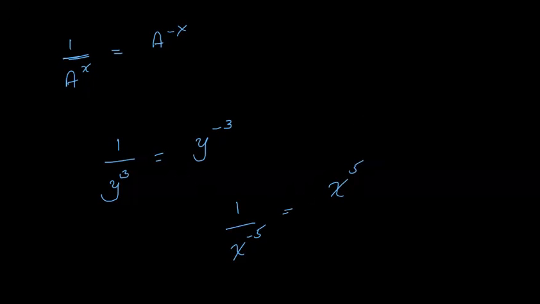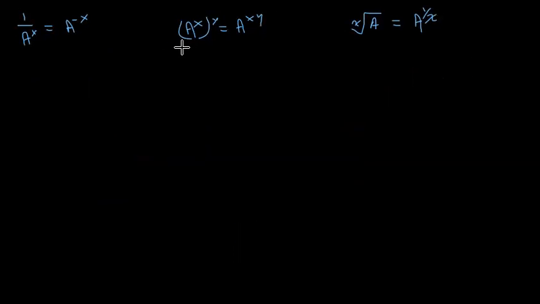And how did I get that? I did x to the minus 5. This here is what your x is, your exponent, right? I got to take the negative of it, right? So negative of a negative becomes a positive. X to the 5th power.